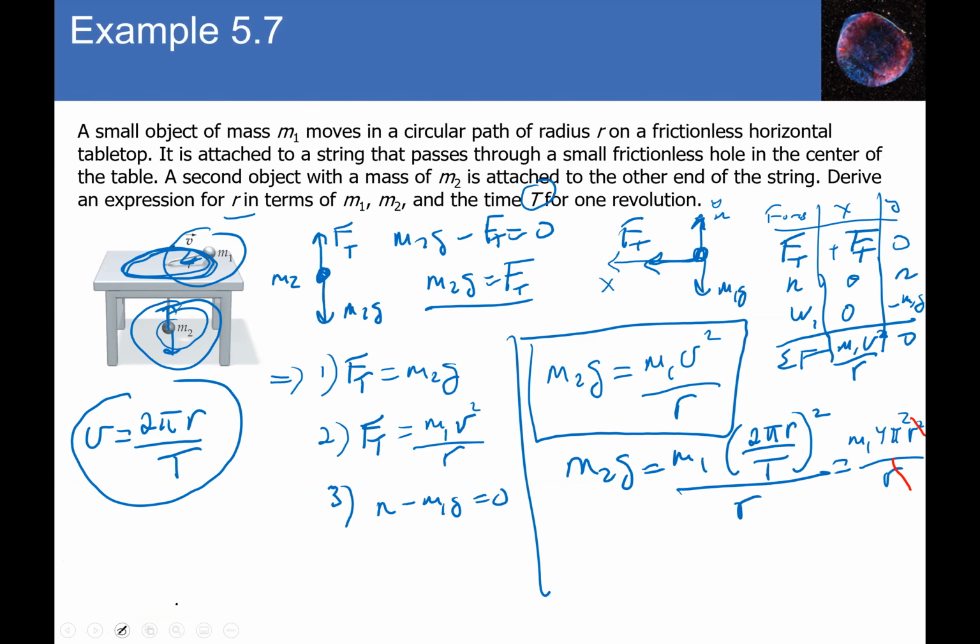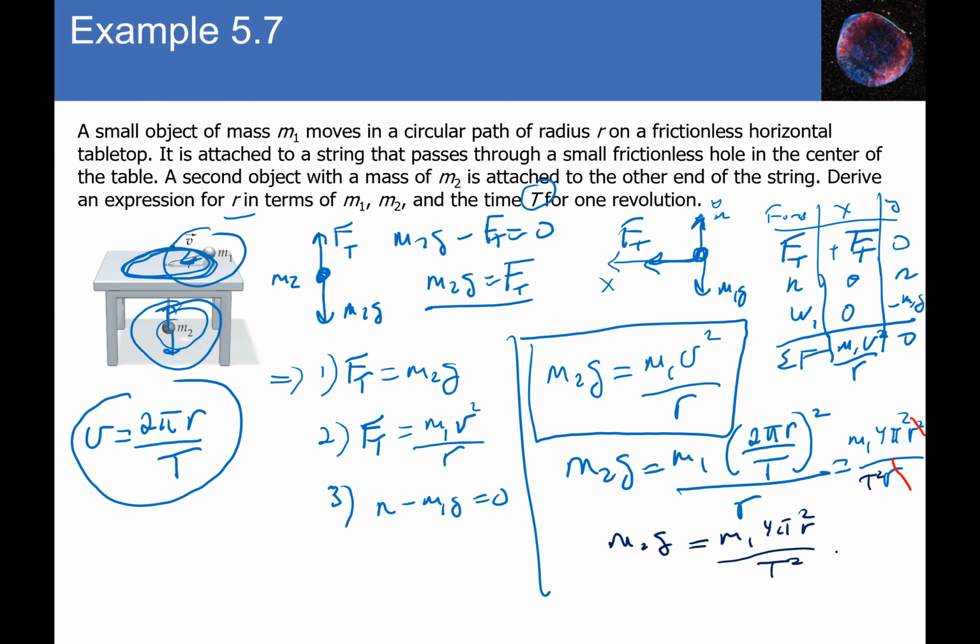That means my equation will be m2g equals m1 4 pi squared times r, and sorry, there's also T squared over there, divided by T squared, which is the period.